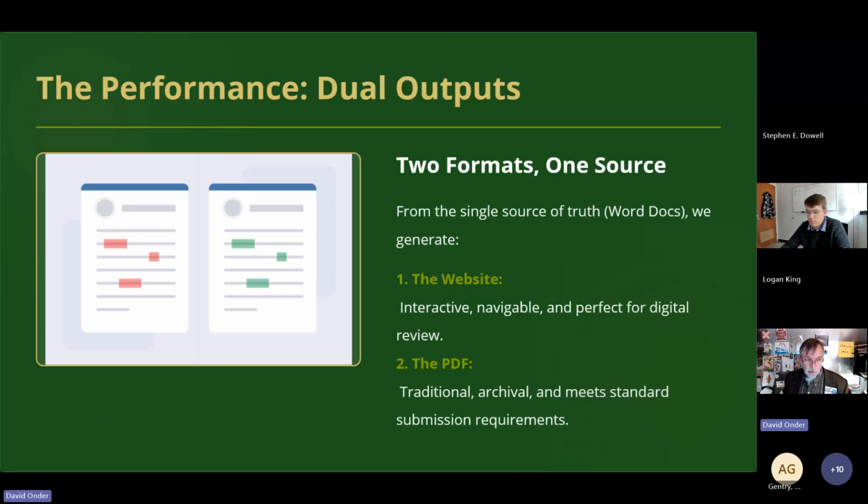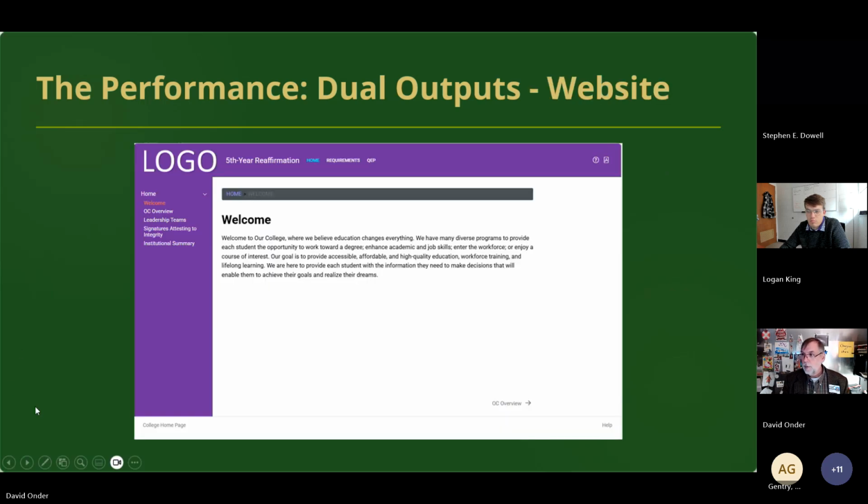And again, we're going to create two outputs at the end. So this is what a website looks like. And for those with the Compliance Assist days of old, this is modeled exactly after the Compliance Assist websites that were created from Compliance Assist.